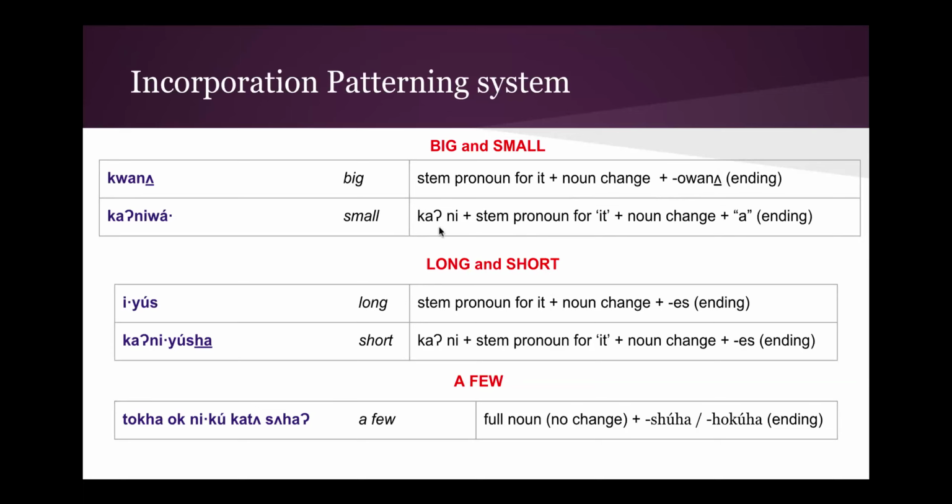Small and short both have this sound ga in front that has to stay there. And so does this ni. So this ga ni is going to go before the pronoun, then the noun, and then the ending. And then for talking about a few things, more than one, so basically pluralizing or making it more than one, it only requires an ending change, a suffix. So suha or hoguha.